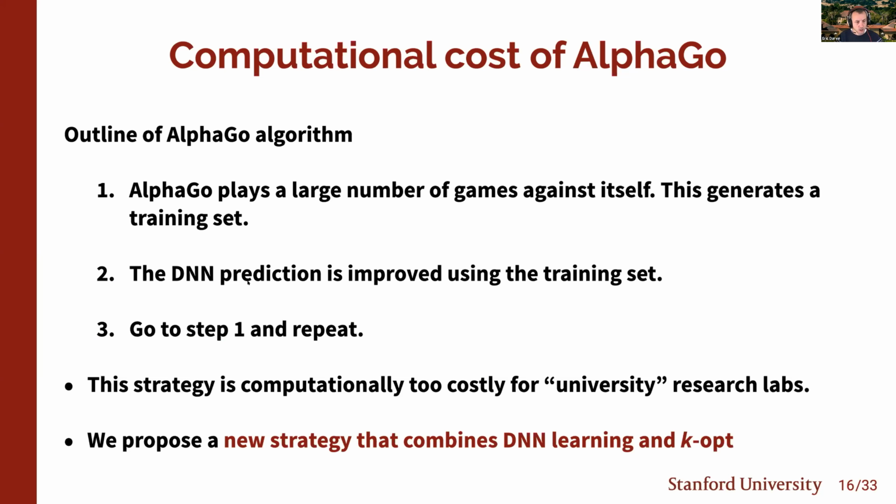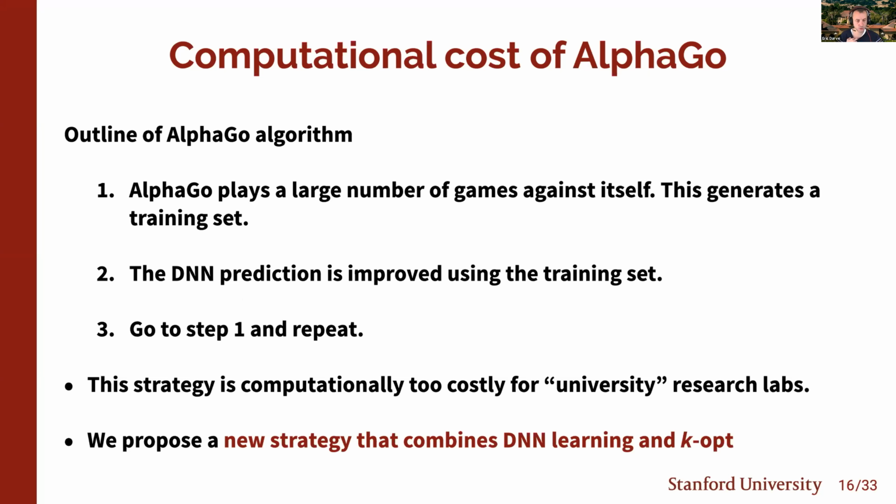Essentially, the deep neural network looks at which games were won and which games were lost, and then based on that, compares against its own prediction, and then using the usual gradient methods, makes some improvement to its own predictions. And then once you have this improved deep neural network, you've created a better player, then you go back to step one, you play another round of games and so on, generate a new training set, and just keep repeating this strategy here.